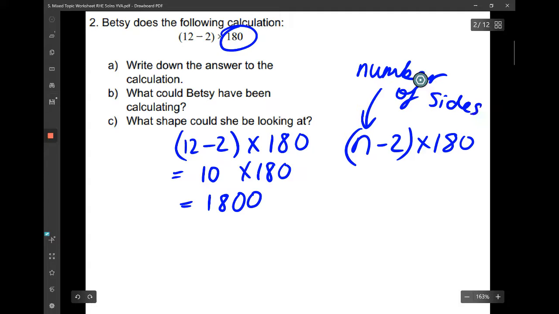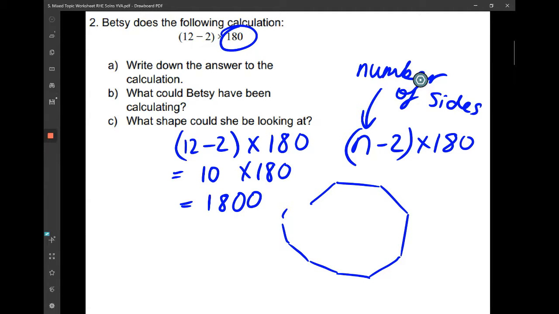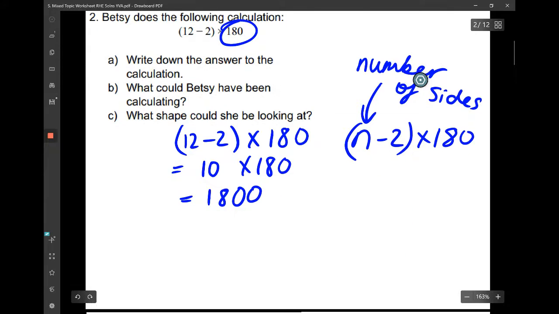So she could have been calculating, if n is the number of sides, a 12-sided shape. What are the interior angles of a 12-sided shape? 1, 2, 3, 4, 5, 6, 7, 8, 9, 10. Oh, that's gone terribly wrong, but you get the idea. 12-sided shape.